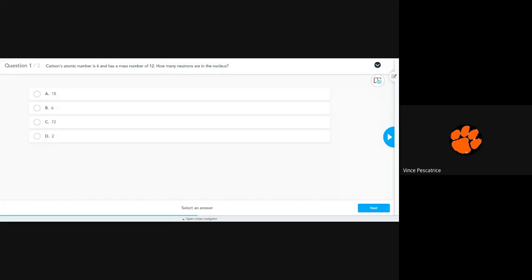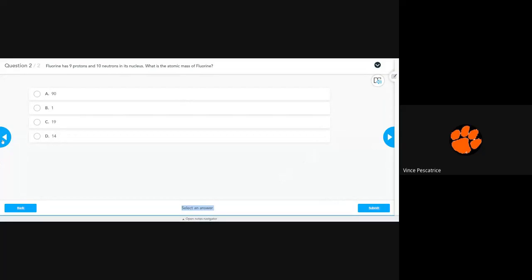This is just like that last problem, 6 plus x equals 10. This is 6 plus x equals 12. You all told me you know how to solve that, so do the same thing here. Subtract 6 and 6. The answer should be B.